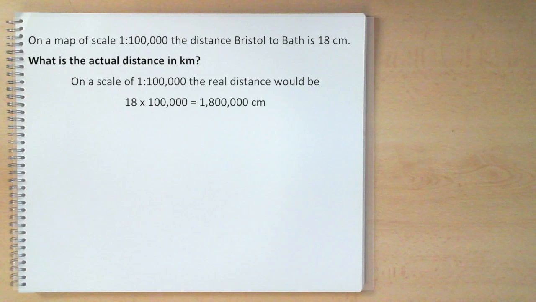Now we know that 1 kilometre is equal to 100,000 centimetres. So we can work out that distance in kilometres by doing 1,800,000 centimetres and dividing that by 100,000. And this gives us the result of 18 kilometres.